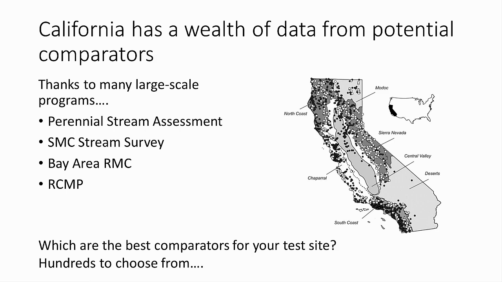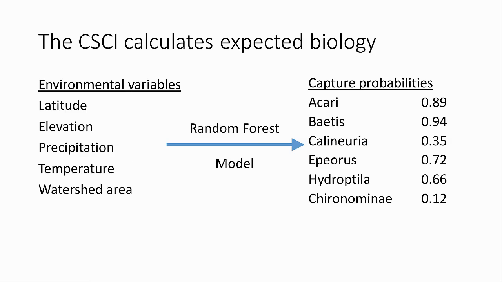So the CSCI offers one way to do this. Now, the CSCI has a couple different components in it. One of them is this O/E index that Michael just mentioned. Basically, you look at your environmental variables, things like precip, elevation, latitude, and you use statistical models, and you can translate that into capture probabilities at your specific sites.